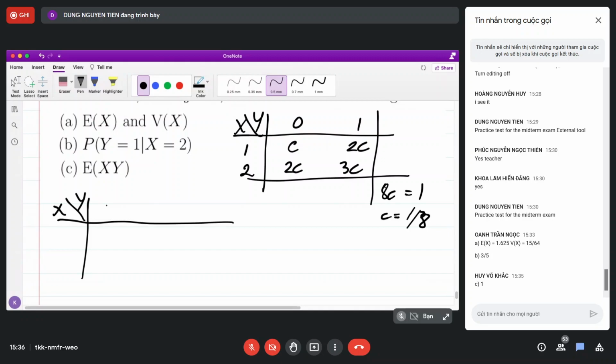Or let's say, can I use t-test in this case as well? Can you tell me? Can I use z-test?